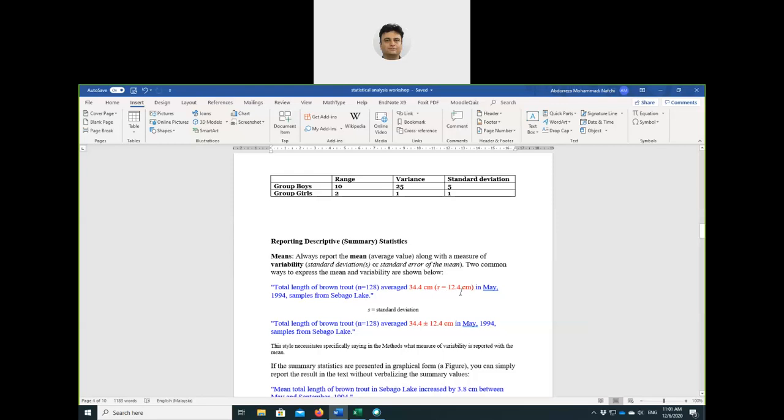You can report like this, and mostly they prefer to report like this: total length of ground truth, n equal to the number of your replicates. Here they measured 128.